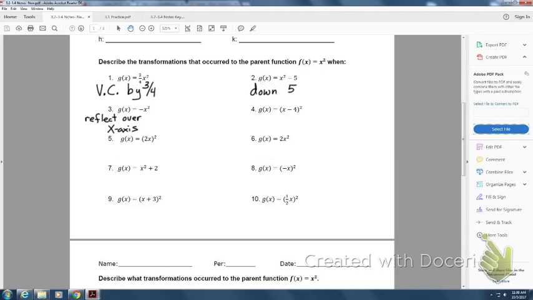The right 4. Chance, number 5. Is that an A or a B value? Okay. So it's going to be horizontally.